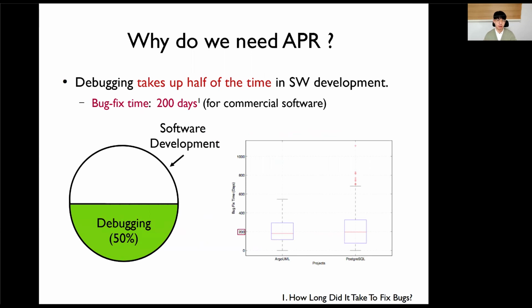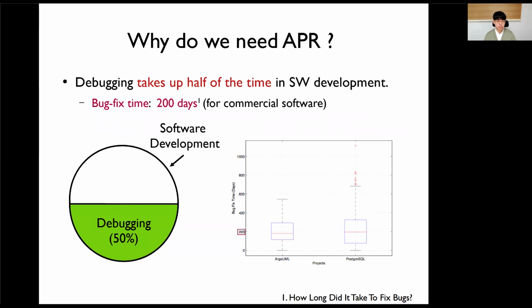As you might have already guessed, debugging accounts for half of the total time for software development. The figure on the right shows that it takes on average 200 days to properly fix a single bug in commercial software.